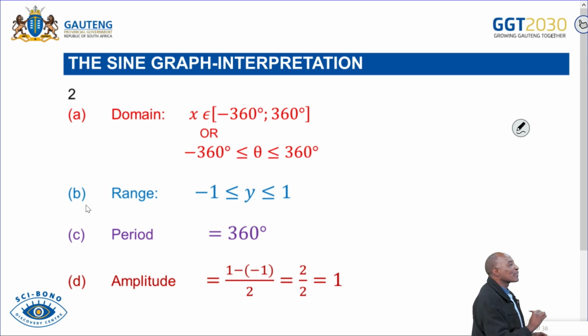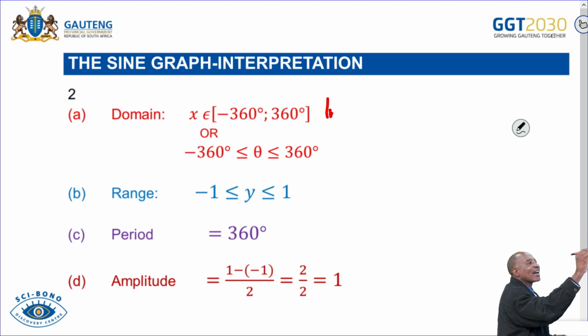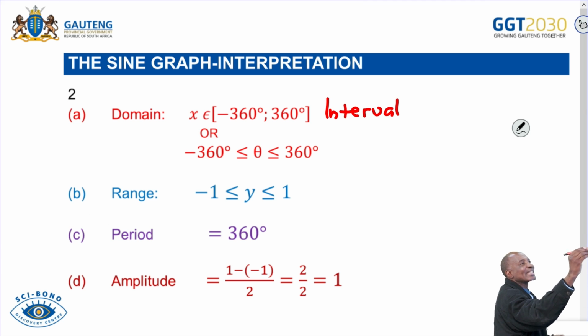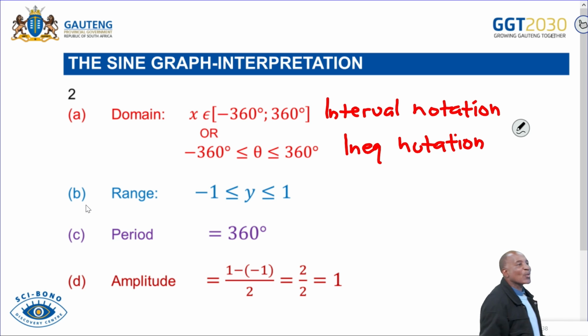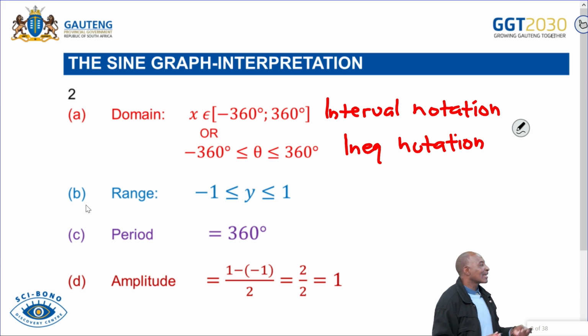And in terms of the inequality notation, we use a less than or equal symbol. So this is your interval notation. That's your interval notation. And then this is your inequality notation. You can either use the first notation as you answer your questions, or the second notation is still correct.